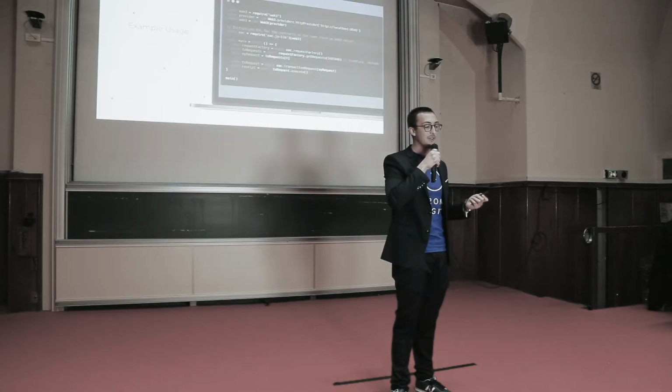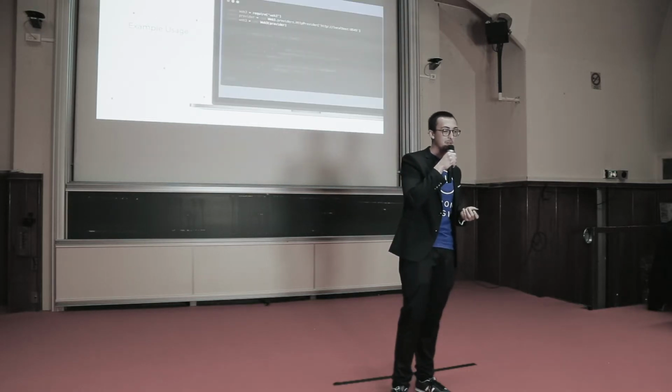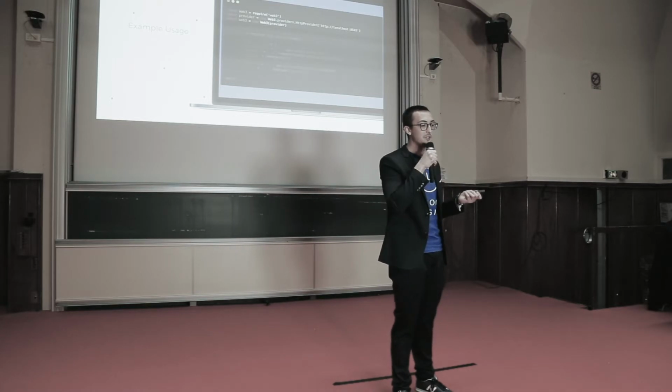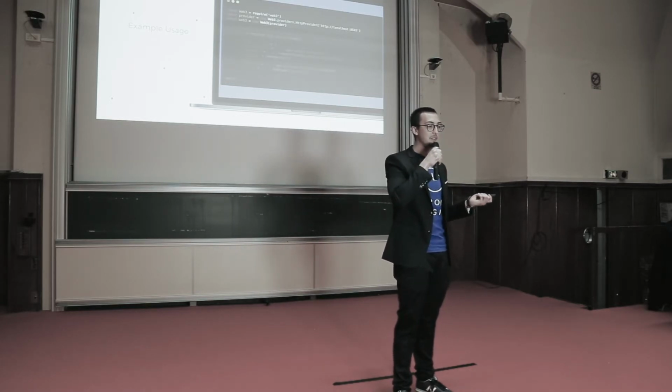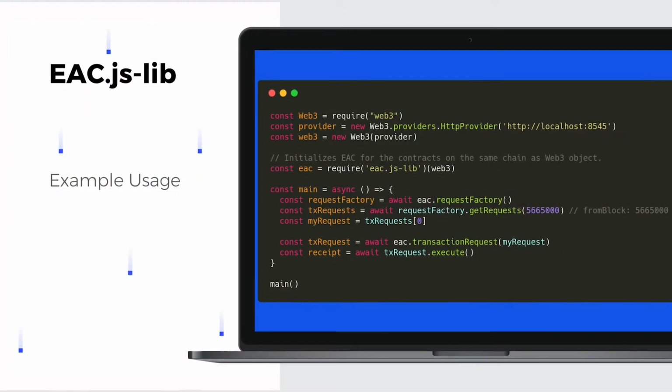Here's an example of how this looks. So if anyone's worked with Web3 before, I'm sure you have. There's the kind of header you always have to do to initiate it. Then you just pass this Web3 object into the EAC library, and right away it reads the network, and it'll create contracts for that network.